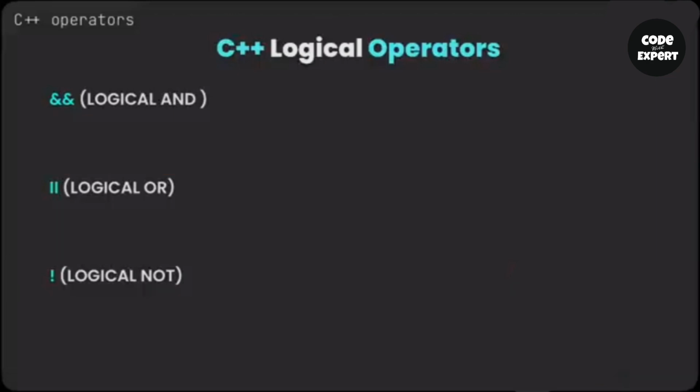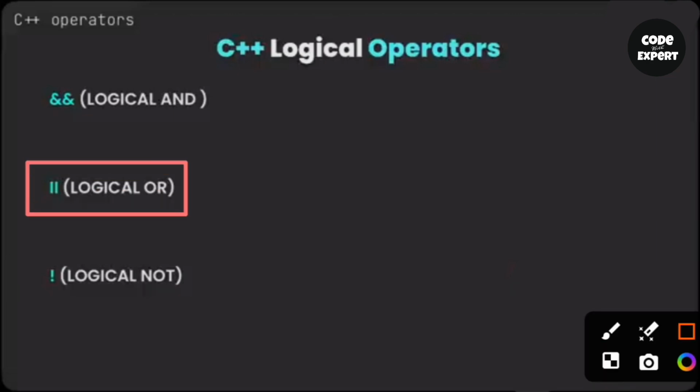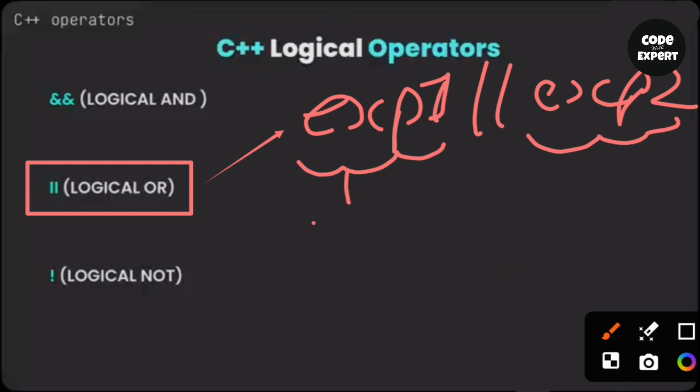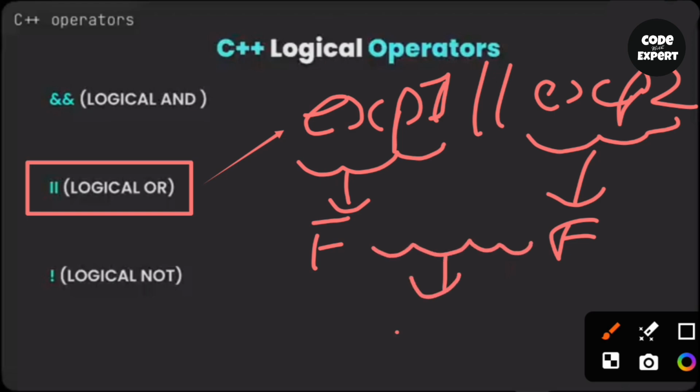Now we move to logical OR. We write logical OR with the sign double vertical bar. If we have given two expressions, expression 1 logical OR expression 2, what does this mean? If both the expressions are false, then only our compiler will give false.